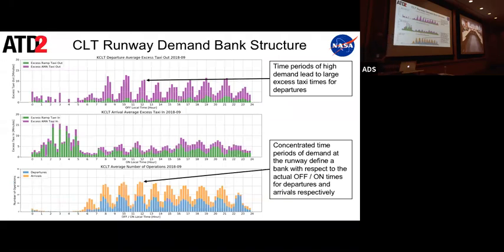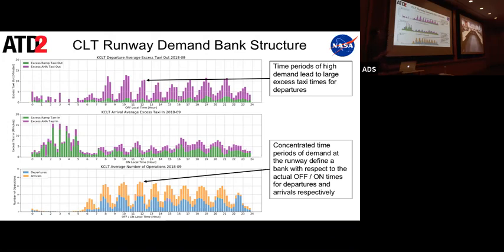Now the idea here is that we have this very complex traffic at Charlotte. We have all this data. And so what we want to do is use the data to understand what's going on in Charlotte. Once we can understand what's going on at Charlotte, then we can maybe think about trying to predict what's going on at Charlotte. The first thing we'll show here is the horizontal axis is time.